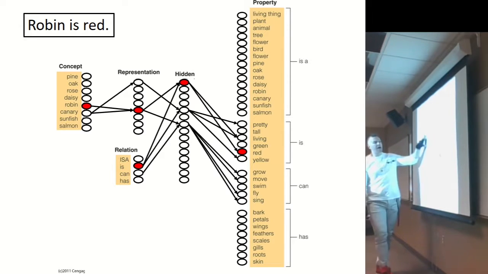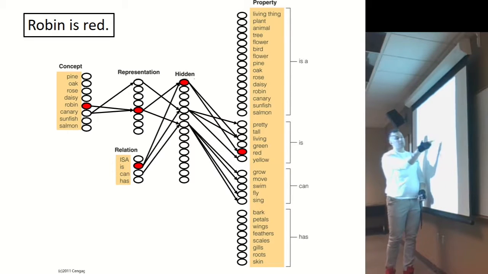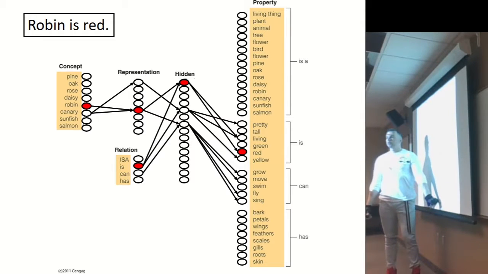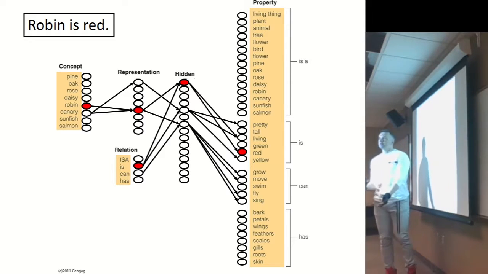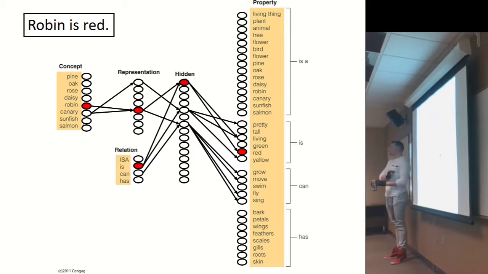You would activate what you know about canary, take a look at your outputs and say pretty, living, yellow, grow, move, fly, all of those are activated. Look, roots down here, not activated. So I know these things about a canary, but I know it doesn't have roots. So that's how your knowledge of this might be represented. All right, any other questions about connectionist networks?